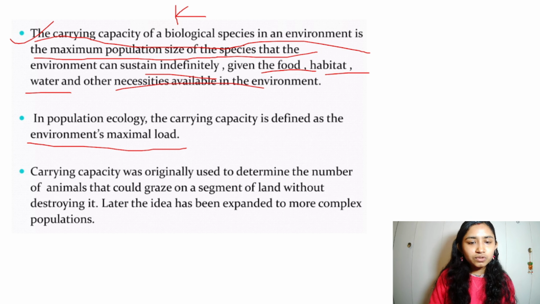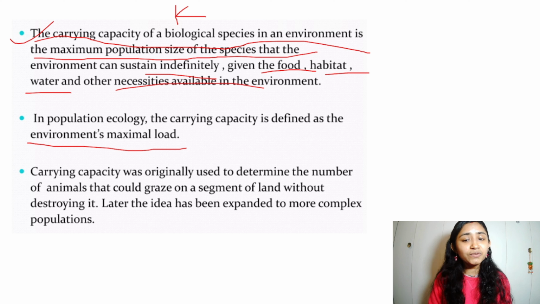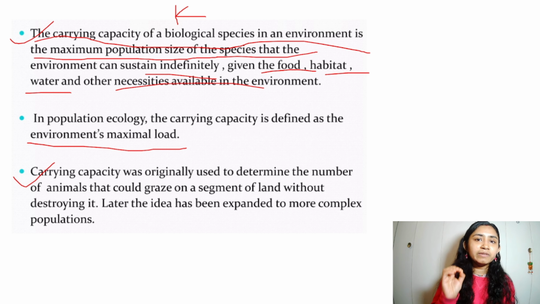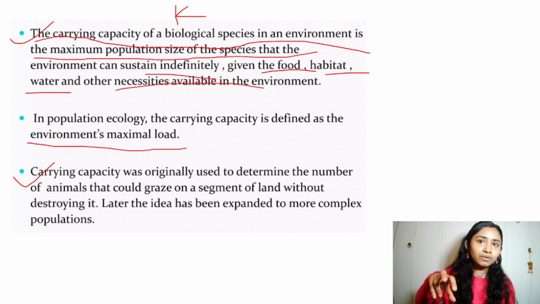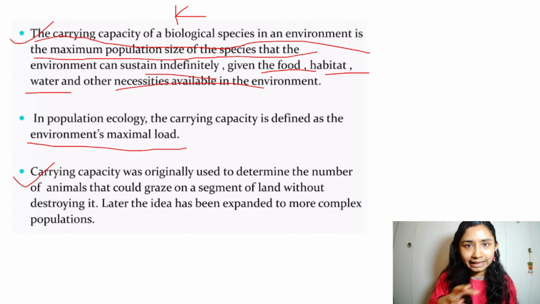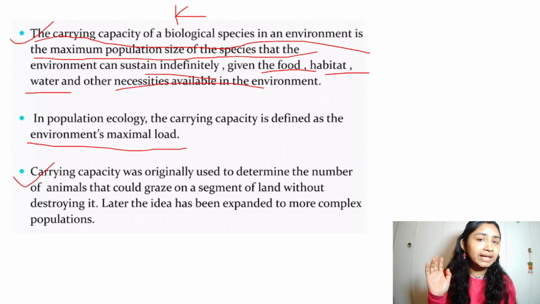Carrying capacity was originally used to determine the number of animals that could graze on a segment of land without destroying it. Later the idea has been expanded to more complex populations. So carrying capacity is very beneficial for farmers. You have a land, and you want to graze your domestic animals on it, and you know the carrying capacity of the land, so you can decide how many cows you will allow to graze on the land so that your property will not be destroyed.